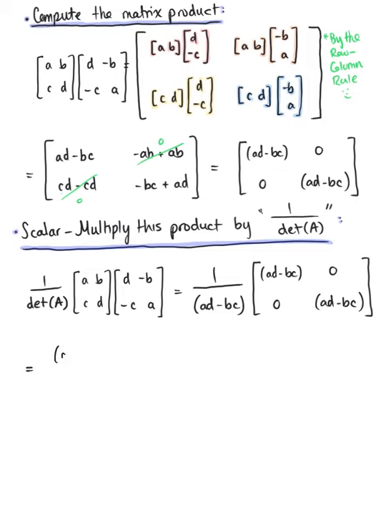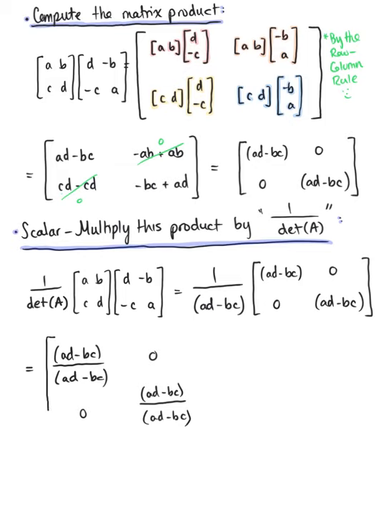So we're left here with AD minus BC divided by AD minus BC. And now 0 divided by this scalar is just 0. And again, 0 divided by this scalar is 0. And then the last entry is AD minus BC all over AD minus BC.